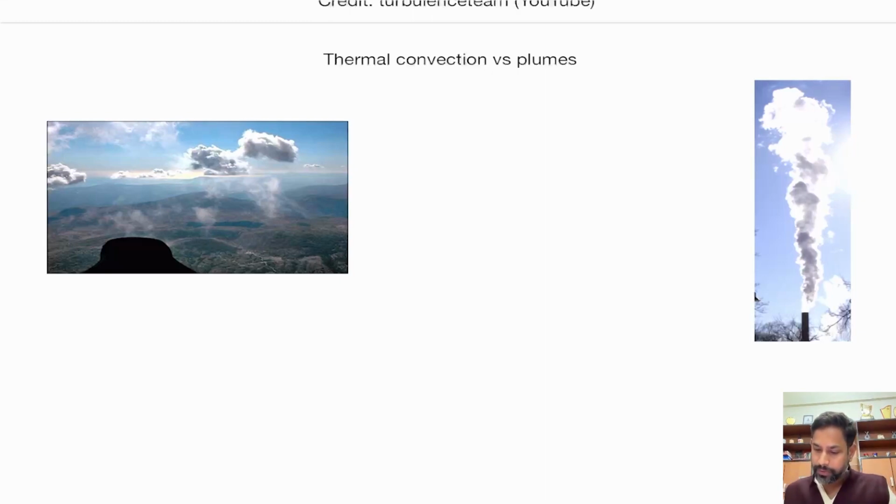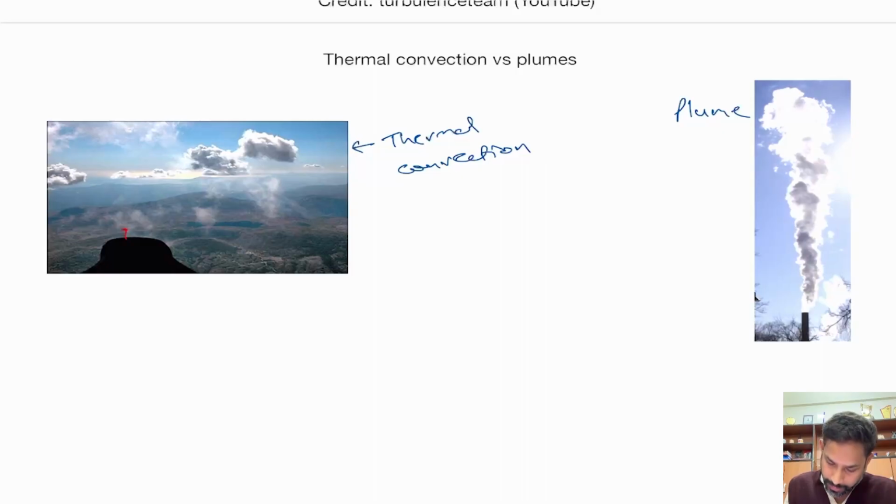So the difference between these two is, here this is obviously an example of plume, and here we call it thermal convection, where you see that there are these parcels, fluid parcels rising, which are basically warm air that is rising from the bottom, right?